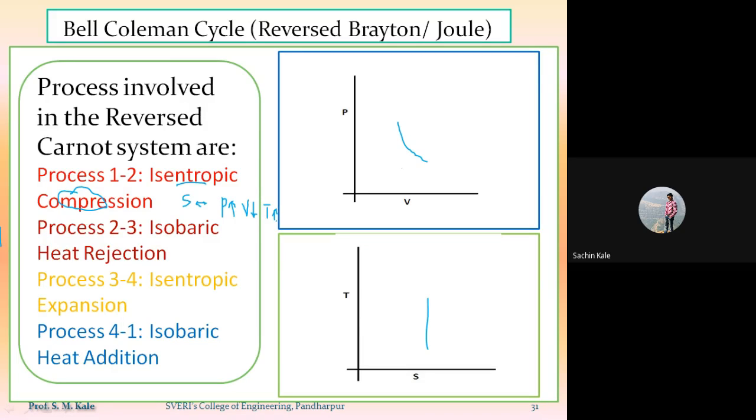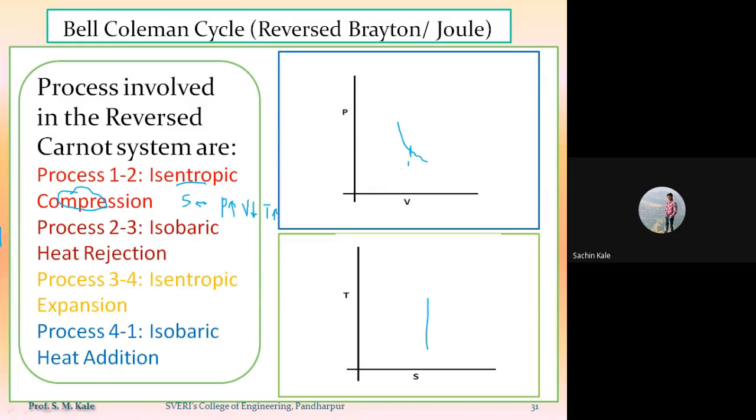Now if I want to draw that process on the PV diagram, and I consider this as point number 1, from point 1 I have two choices. I can draw process 1 to 2 in this direction, or in this direction.